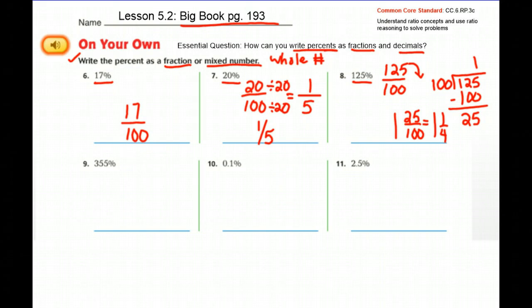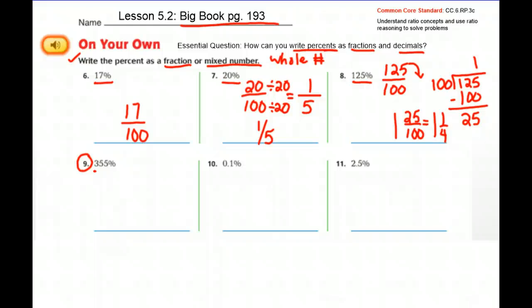What I'd like you to do now is go ahead and pause the video and complete example 9 on your own. Okay, thank you for pausing the video. I'm looking at 355%. I know that 355 is greater than 100%, so I'm going to have a mixed number as my answer.